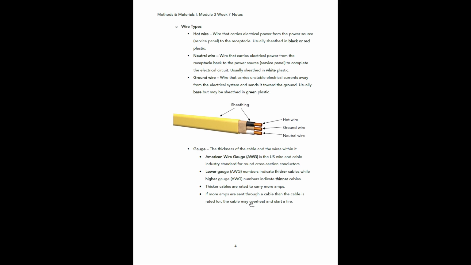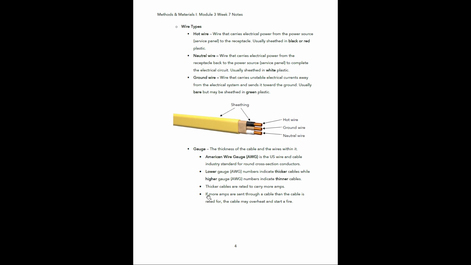Those draw a lot of power, and they need a lot to power them so that they can function properly. So in those cases, you're going to need wiring that has a lower gauge rating, and that wire is going to be thicker so that it can carry more amperage through it, so it can meet the requirement for that appliance.